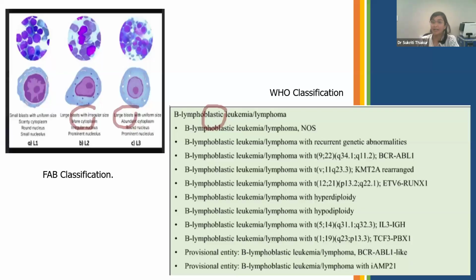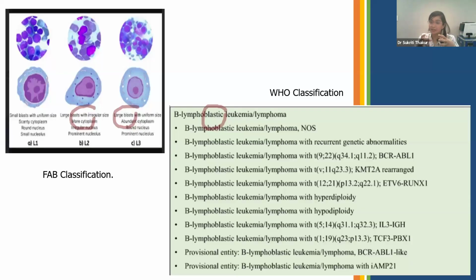It is entirely a morphological classification in which they have classified L1, L2, L3 type blasts. The L1 are very immature cells, very small in size, with very condensed nuclear chromatin and very scant cytoplasm. Whereas the L2 blasts are a little larger, right?